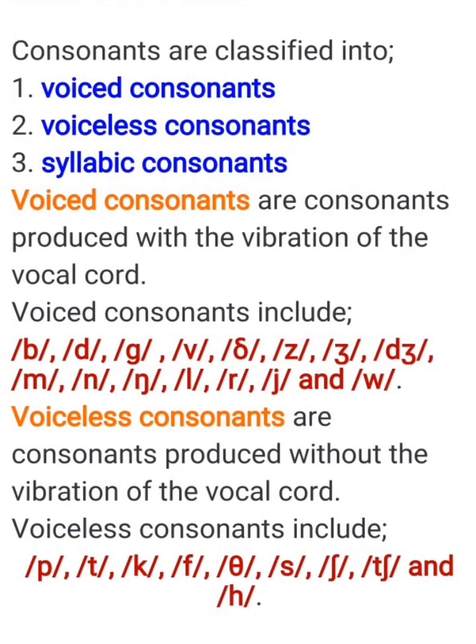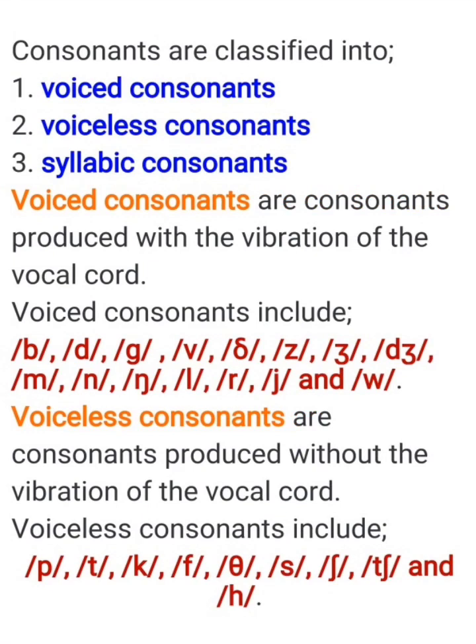And so voiceless consonants include P, no vibration, then T, no vibration, K, no vibration, F, no vibration, S, no vibration, Sh, no vibration, Ch, no vibration, and so on. So you can see that when we pronounce voiceless consonants, there is no vibration in the vocal cords.